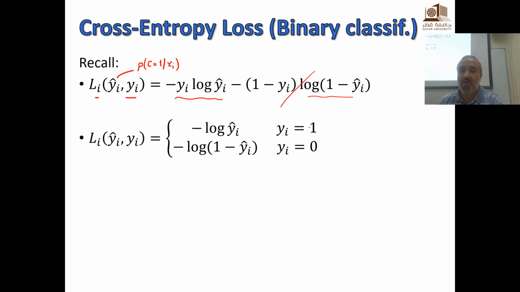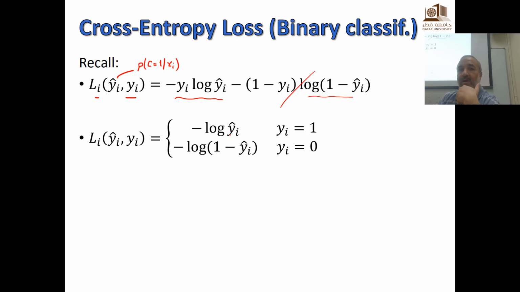We have two branches. When yi is 1, when the true label is 1, then the loss will be minus log y hat. So if we have a perfect prediction and the perfect probability for that would be 1, right? So in this case, minus log 1 is 0, so we don't have any loss.